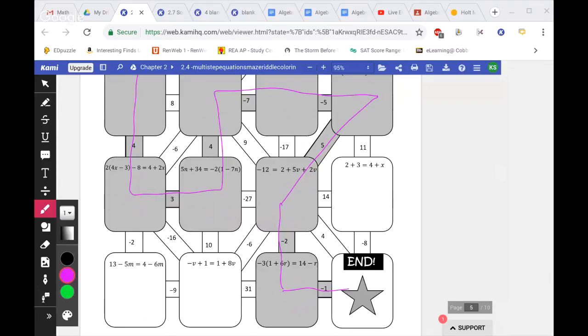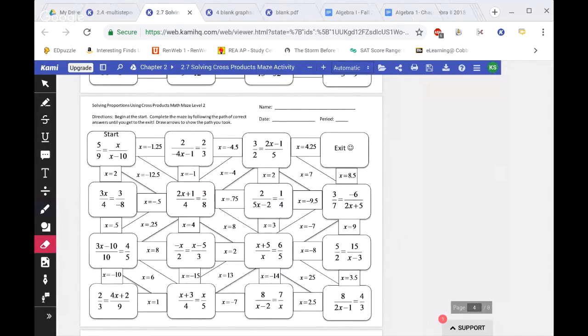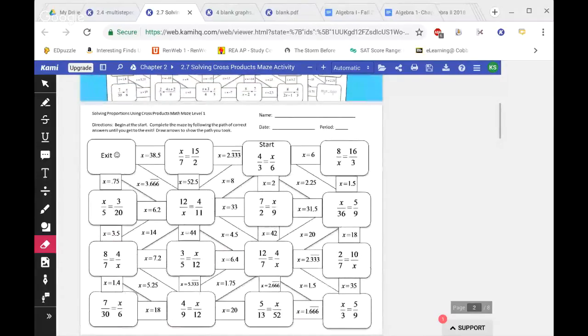What about on the solving proportions? The solving proportions? Okay, let's pull that up. Do you want this one or the one prior to that? This one? The other one?